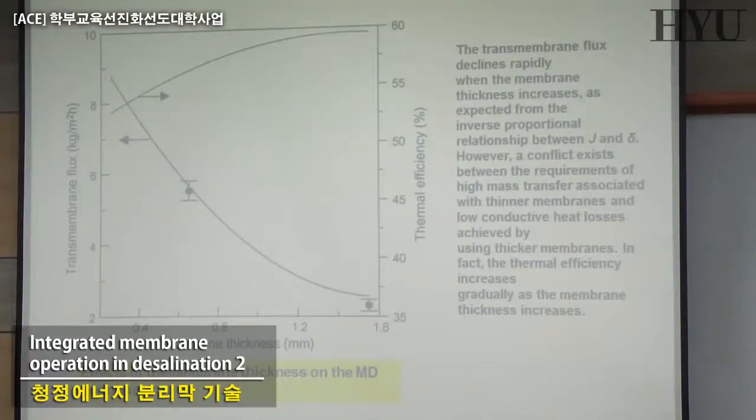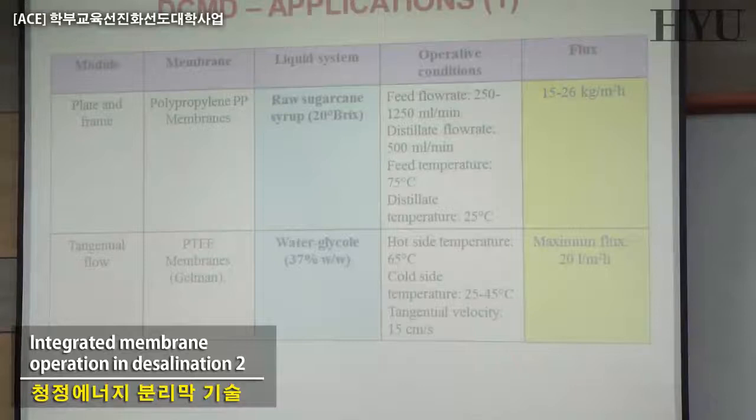We have to increase the thickness to decrease the loss of heat. So we have to balance these two phenomena, which are opposite to each other. That is one of the main differences. The thickness of the membranes has to be studied on purpose for membrane distillation.